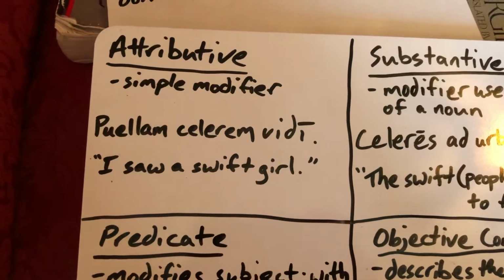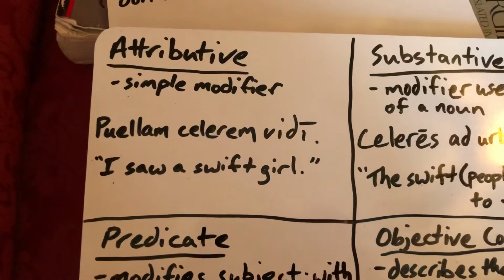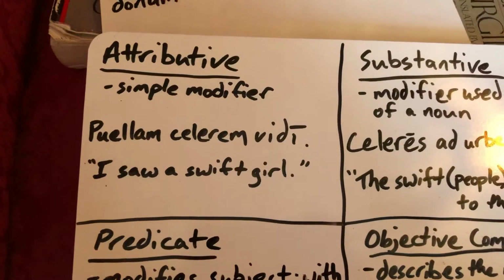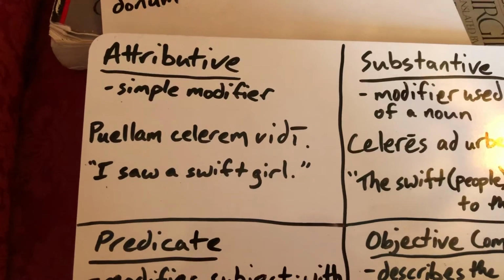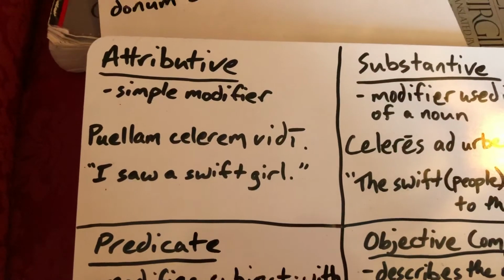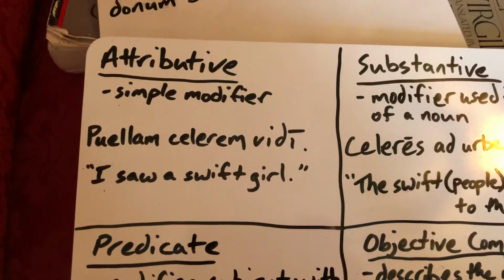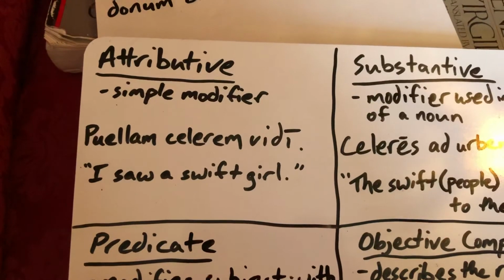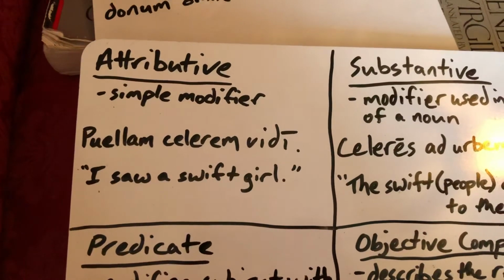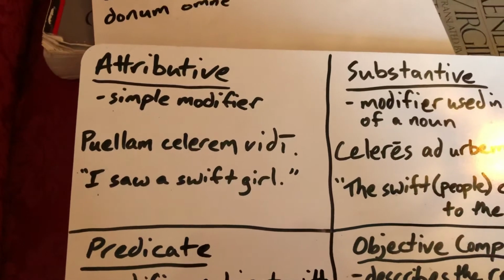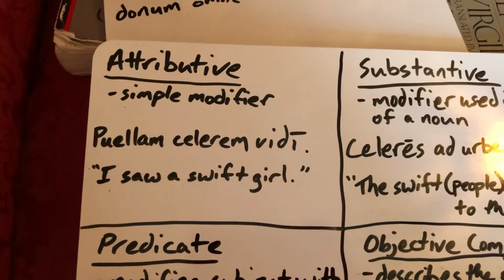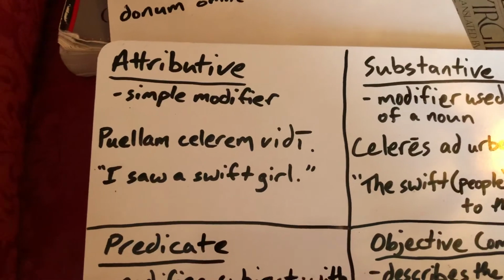So if you look at this example here, puellam celerem vidi, I saw a swift girl. So celerem there is simply modifying girl. And you'll notice in Latin, most frequently attributive adjectives are going to be after the noun they modify. Not always, but most frequently. So that's your basic generic adjective use.